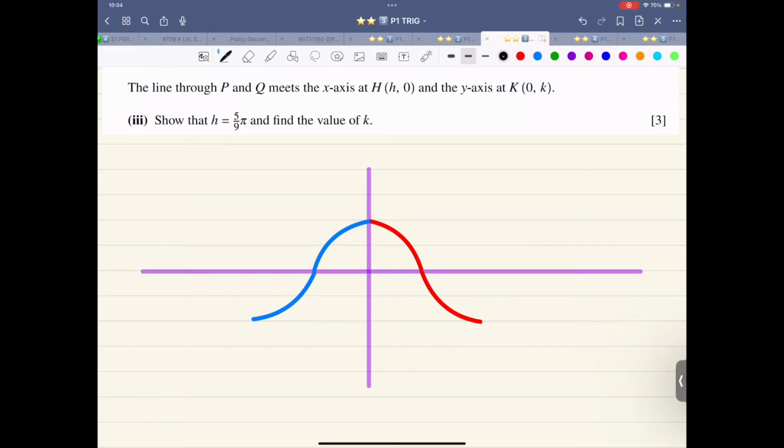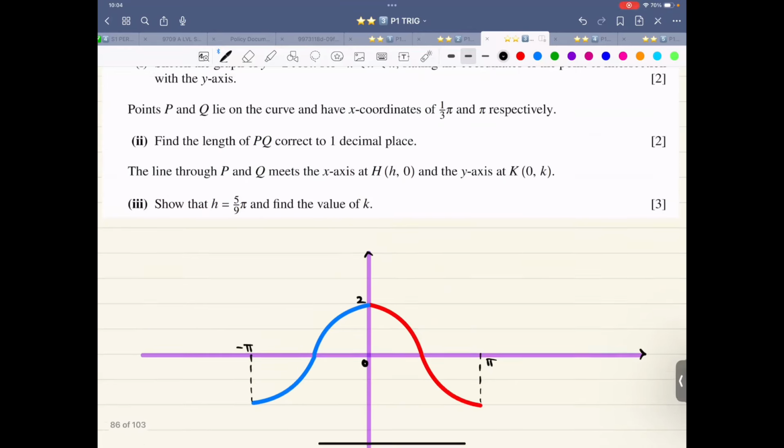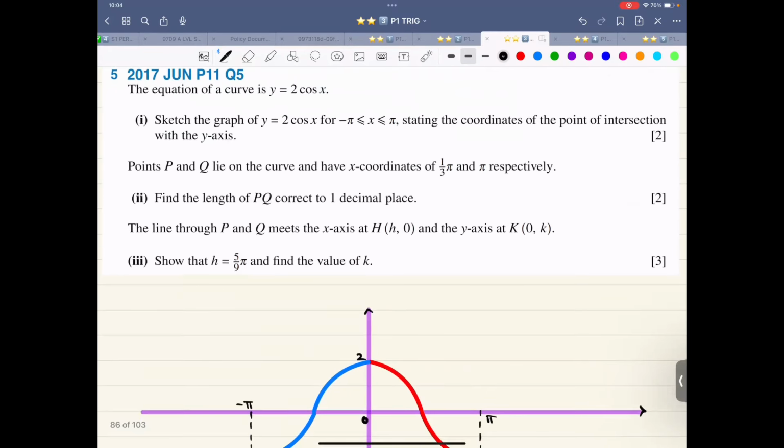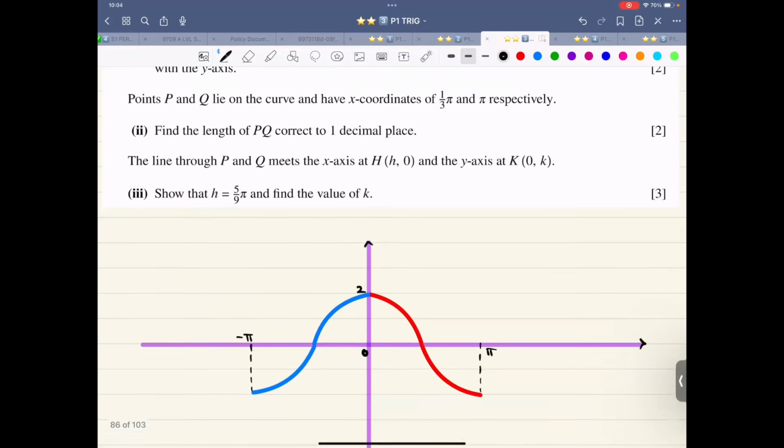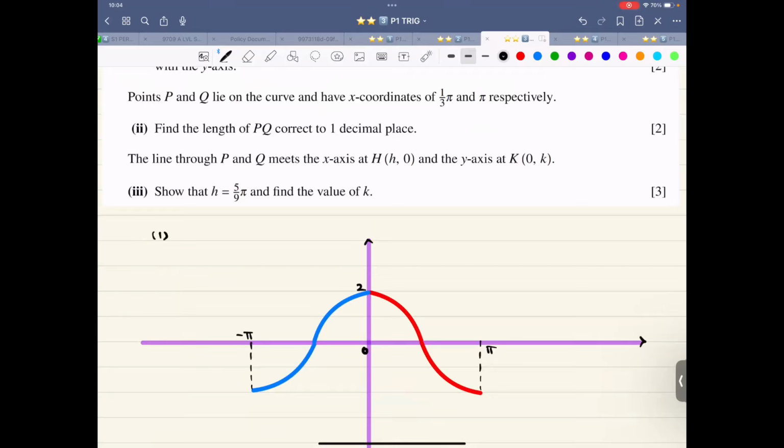This is positive pi, half a cycle on the right. This is 0. This is pi. This is negative pi. 2 cosine x. So the maximum value is 2. What else is there? Stating the coordinates. So state the coordinates. Part 1. That coordinate is 0, comma 2.